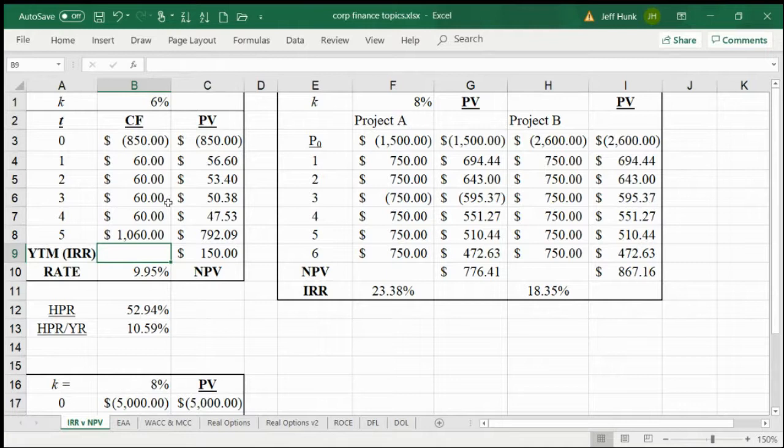So it's basically finding the discount rate, and there are two ways you can do that. In this example, the cash flows are like this: negative 850, and everything is in thousands.